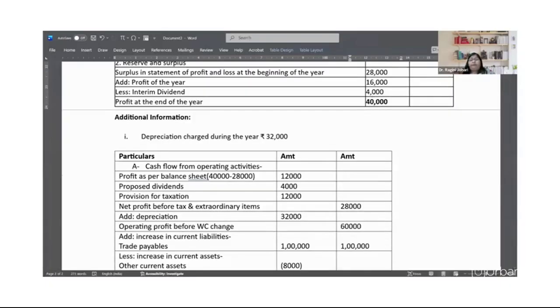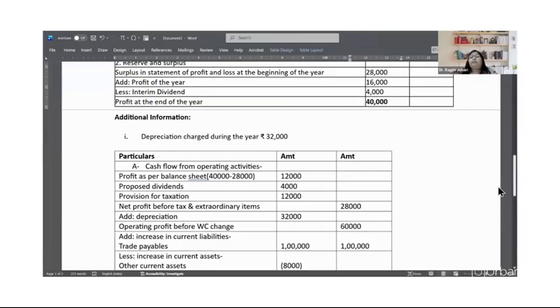Okay, towards the purchase of asset. But at the same time, we have this 32,000 as depreciation also. And as we know, depreciation is charged on the fixed asset only.